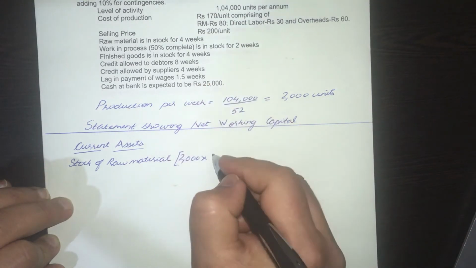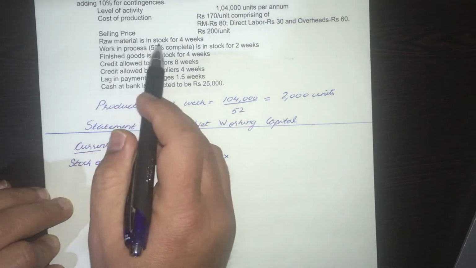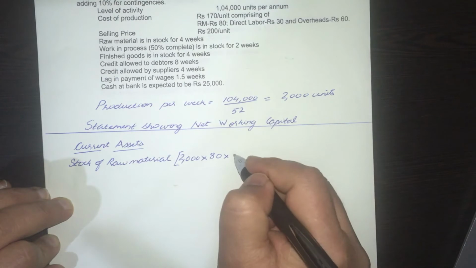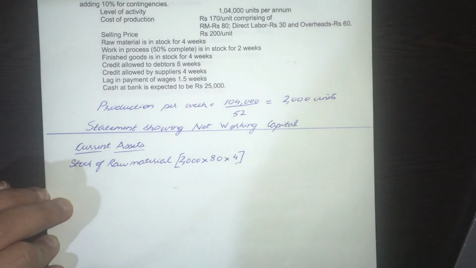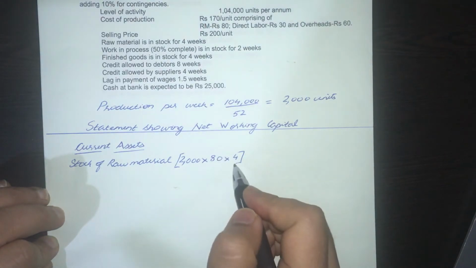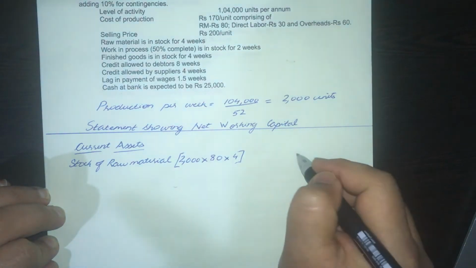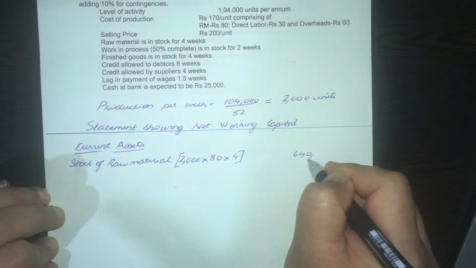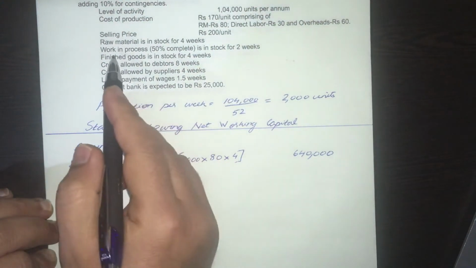It is 80 rupees. 80 into raw material is in stock for 4 weeks. So 4 into 4. So 2,000 into 8, that is 1,60,000. 1,60,000 into 4, you'll get 6,40,000. Next is your work in process.